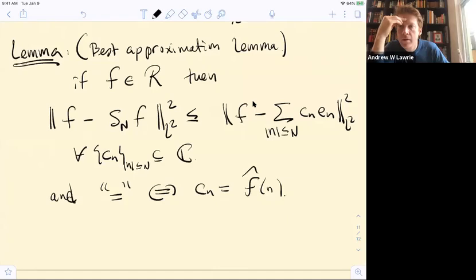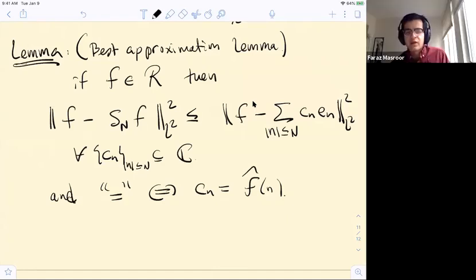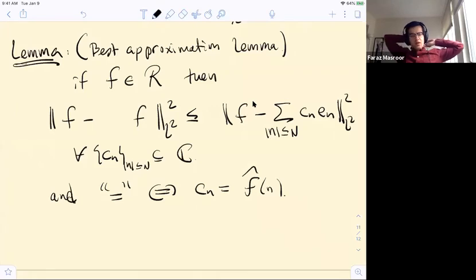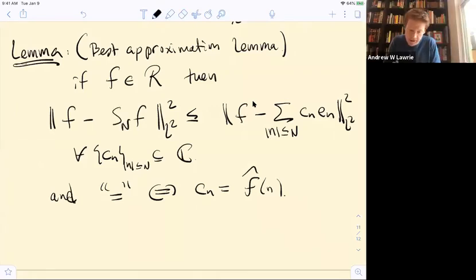And so you're saying that that is still the best approximation of degree n. Right, but on each side of this equality, I have n fixed.